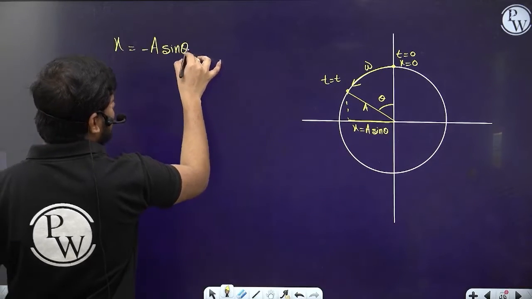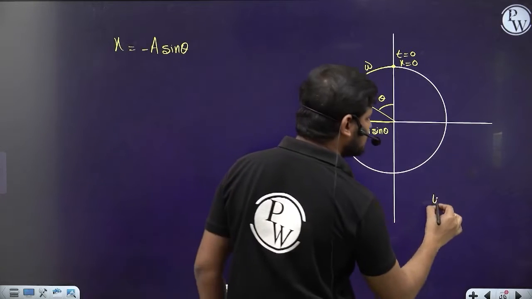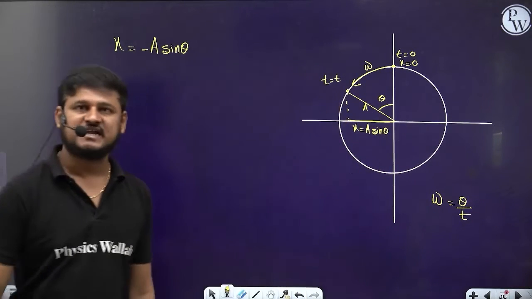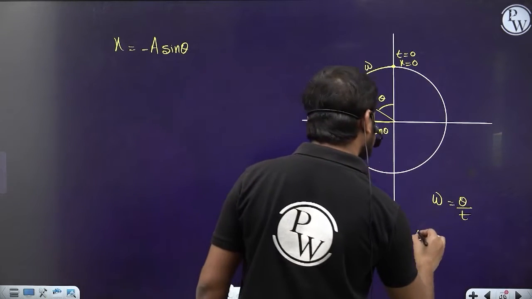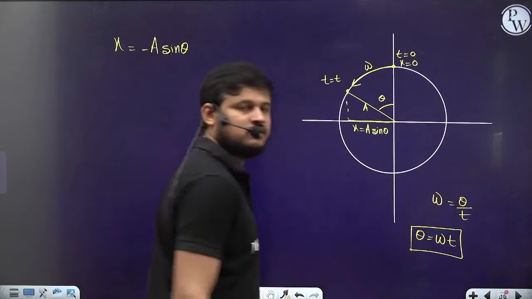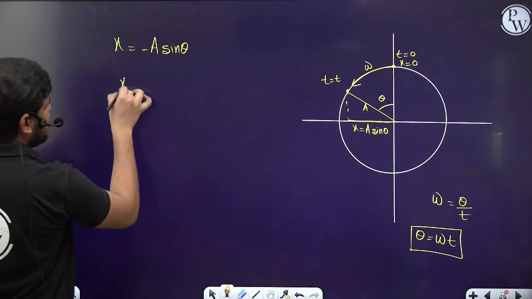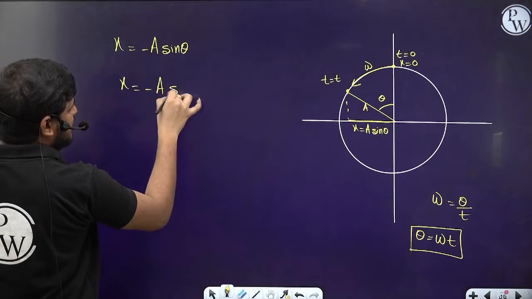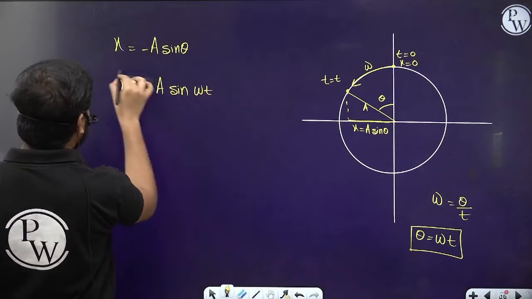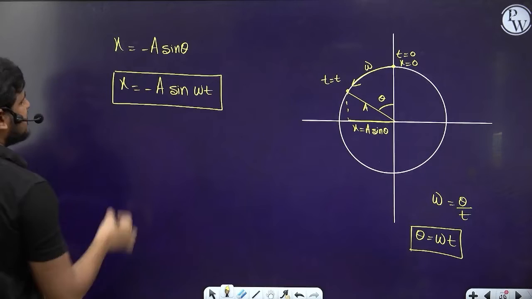As the particle is moving with the angular velocity omega, omega is equal to theta by t, so theta is equal to omega t. Now you can substitute it here. So x is equal to minus a sin theta, and theta is nothing but omega t. So this is the equation.